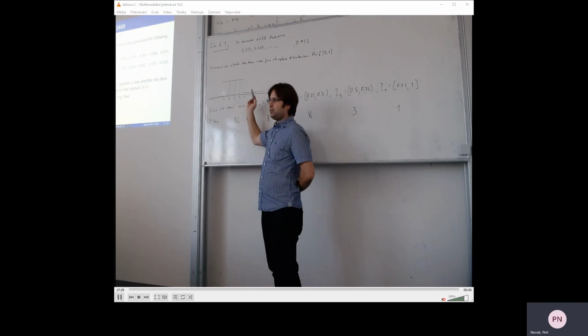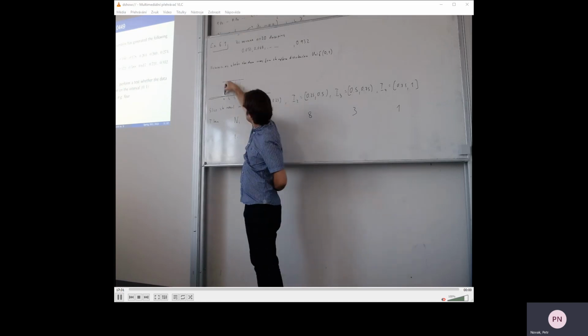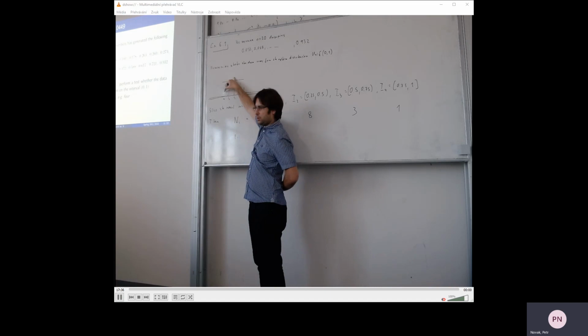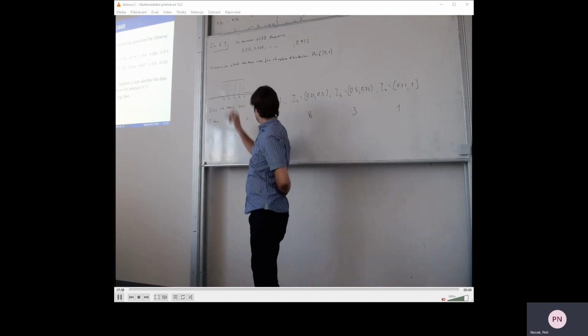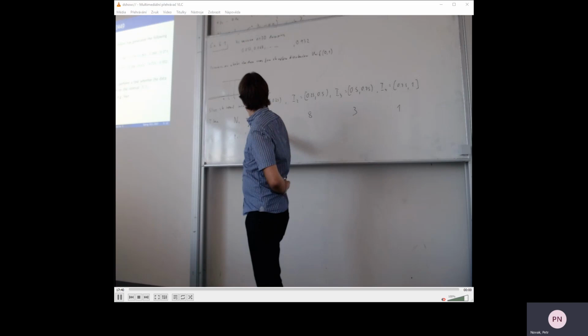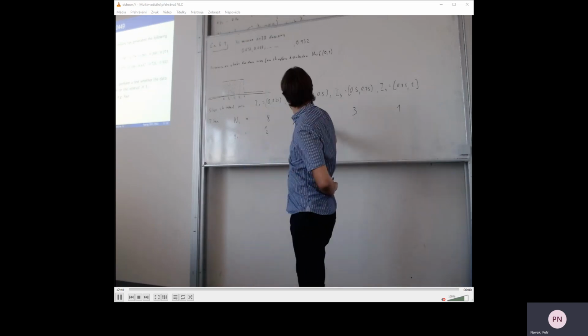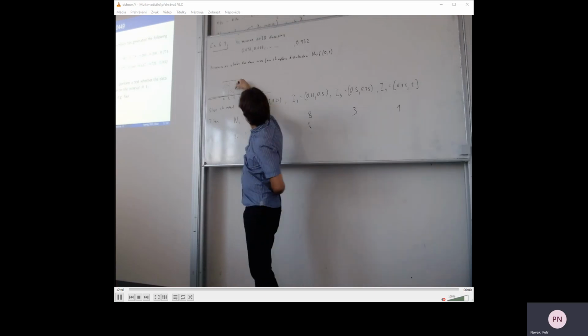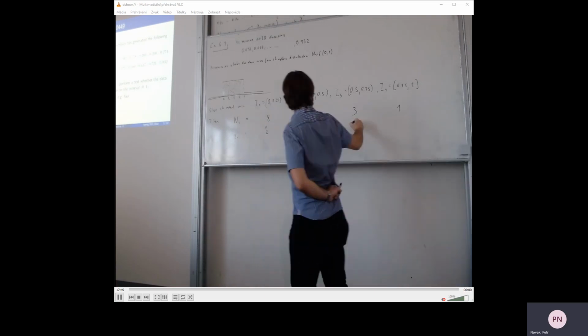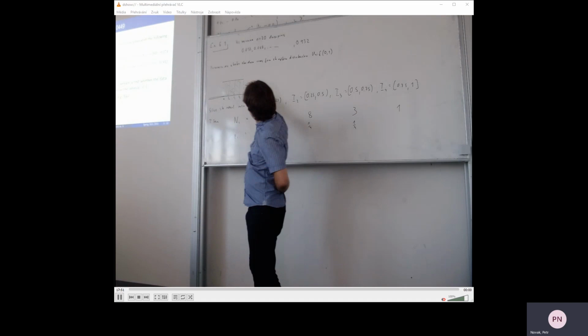We want to compare them with the expected counts under the null hypothesis of uniformity. So, under the null hypothesis of uniformity, so 1/4 for everything? We should have 1/4 of observations in the first one, okay, 1/4 in the second one, 1/4 in the third, and 1/4 in the last.